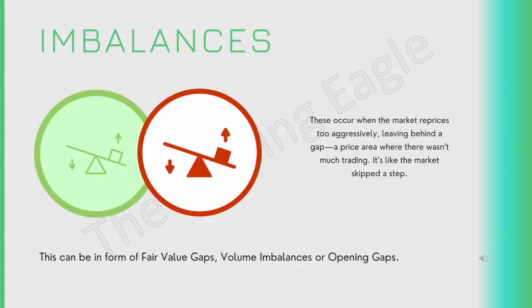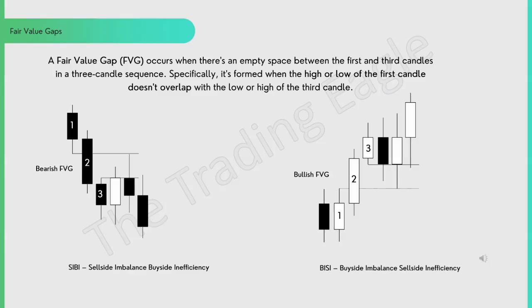Alright, so what's a fair value gap? Well, you have probably heard about this if you have been trading before. A fair value gap occurs when there's an empty space between the first and the third candle in a three candle sequence. It's formed when the high or low of the number one candle, as seen in the video, doesn't overlap with the low or high of the third candle.